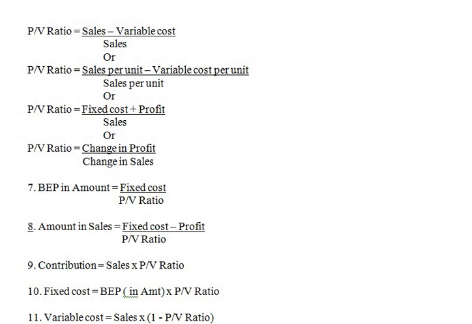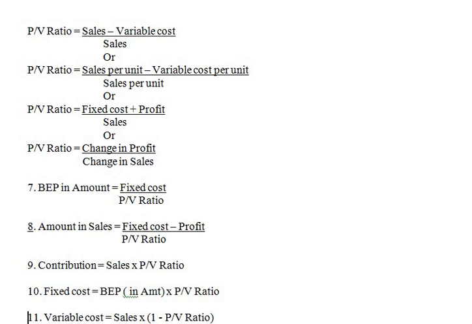To make any decisions, PV ratio will be used, so it can also be used in calculating BEP. Now BEP in amount is equal to fixed cost divided by PV ratio. Next, amount of sales is equal to fixed cost plus profit divided by PV ratio.